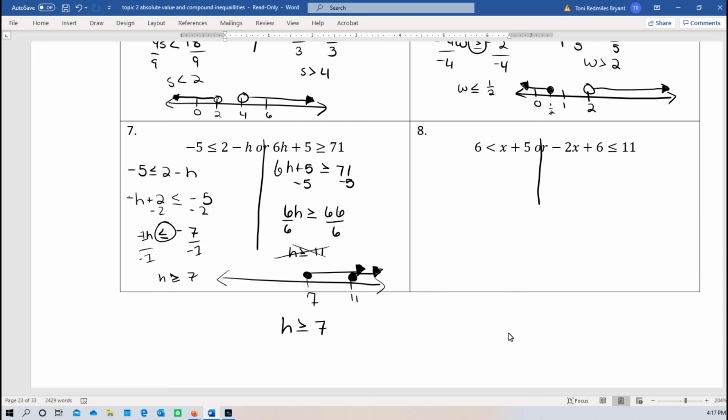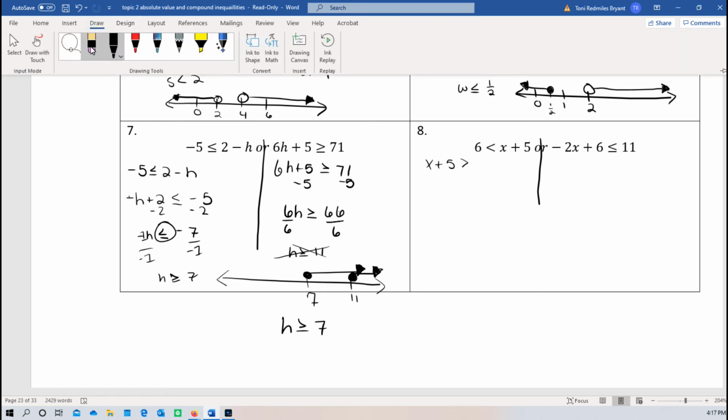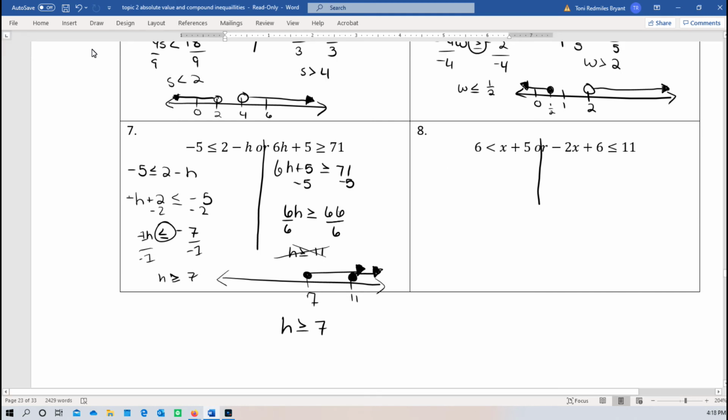All right, so let's go ahead and do the next one. So in the next one, I'm going to flip-flop my sides. Okay, that is what I was looking for. I didn't think I had any that did that on this worksheet. Let's go back to 7. I made a little mistake.